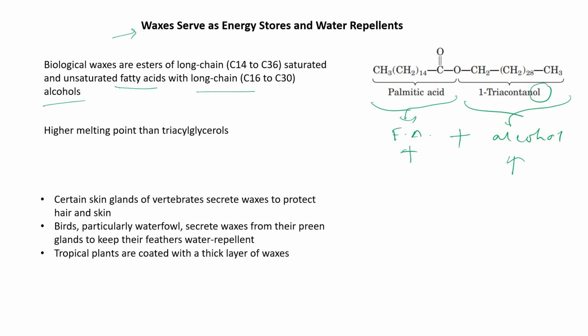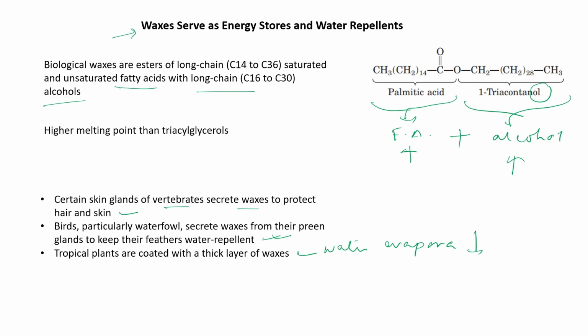Now what are the biological functions of waxes? Certain skin glands of vertebrates secrete waxes to protect hair and skin. Birds secrete waxes to keep their feathers water repellent. Tropical plants are coated with a thick layer of waxes so that water evaporation can be reduced, because tropical plants grow in a hot climate.